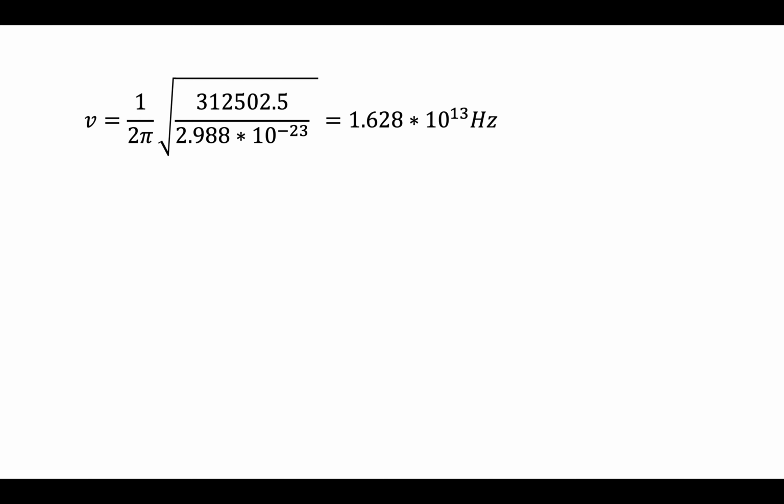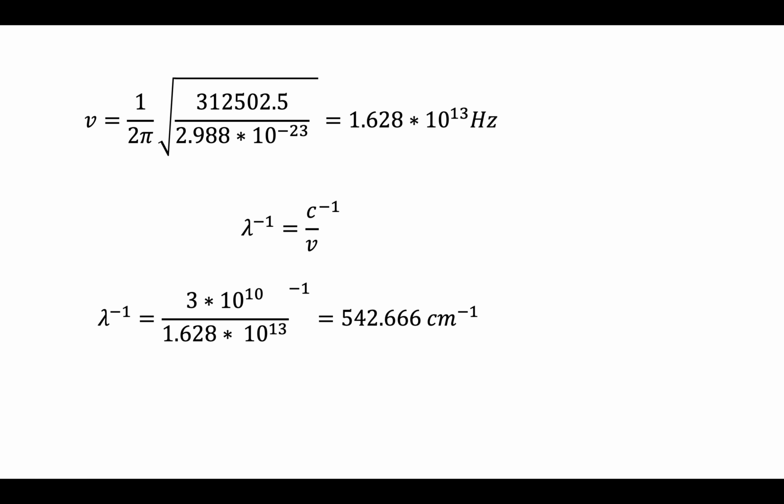Now putting these numbers into the equation, so there's the new reduced mass, and there is k, that we calculated in part 1, to give us the frequency in hertz, which is 1.628 times 10 to the power of 13. Now calculating this into the stretching frequency, we have to use the equation from before except slightly rearranged.